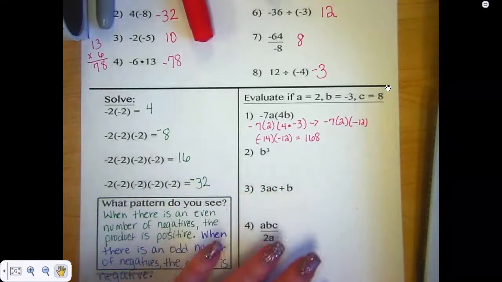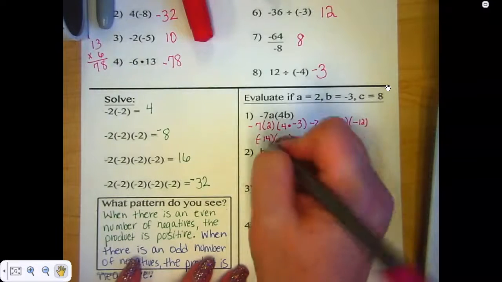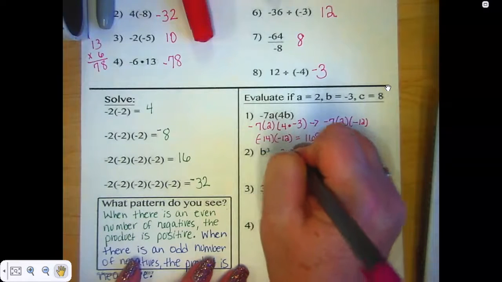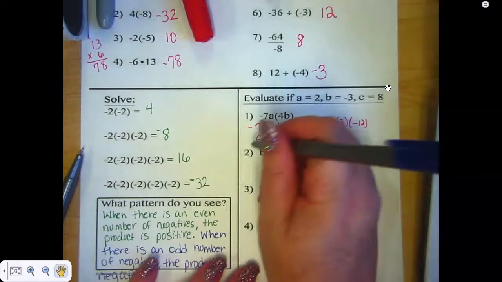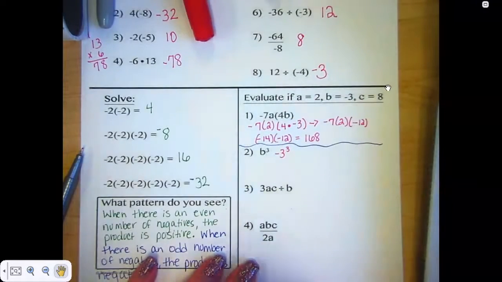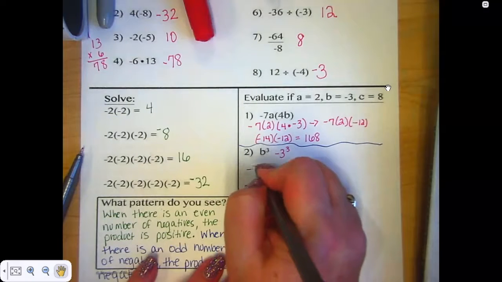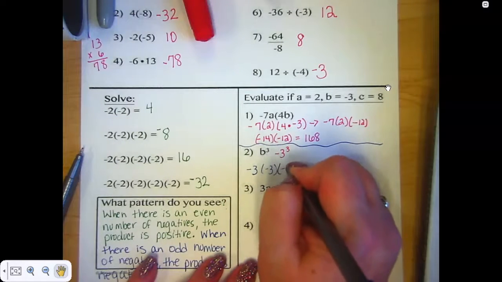Okay. All right. B cubed. Let's rewrite that as negative 3 to the third power. What does that mean? That means negative 3 times negative 3 times negative 3.